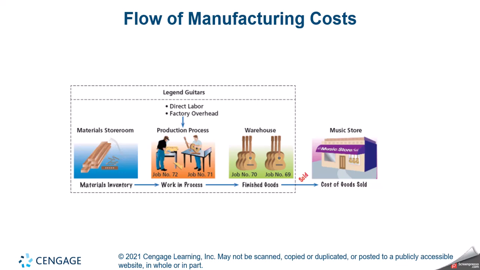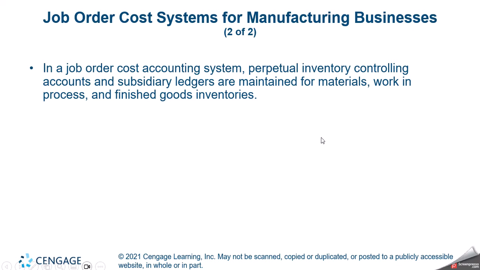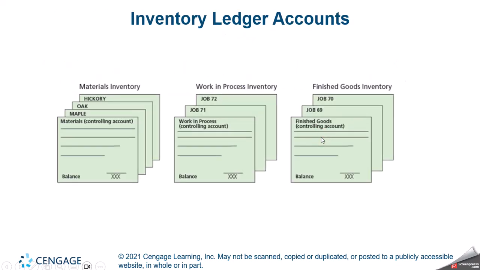And then there'll be overhead. And again, overhead is like the lighting, the insurance, the supervisor's salary, all those things. Then once they're completed, they go into our finished goods warehouse where we would sell them off. And then when they're sold, we charge cost of goods sold. So again, same flow.